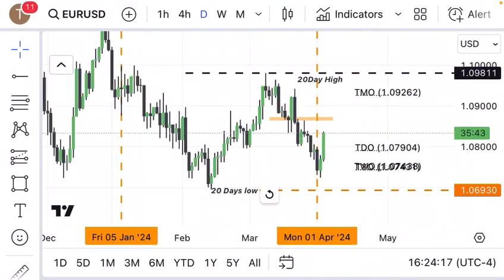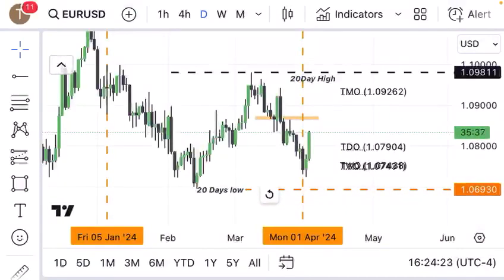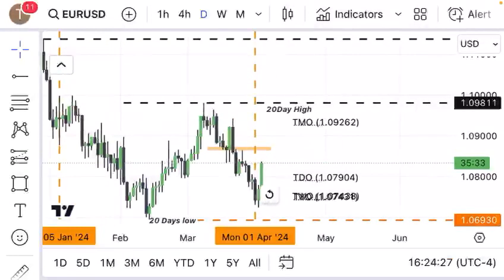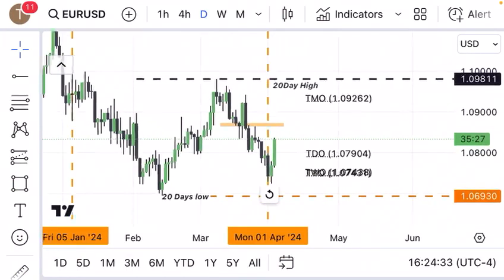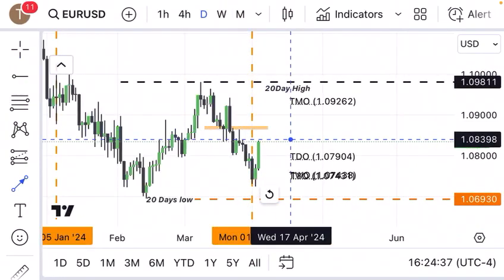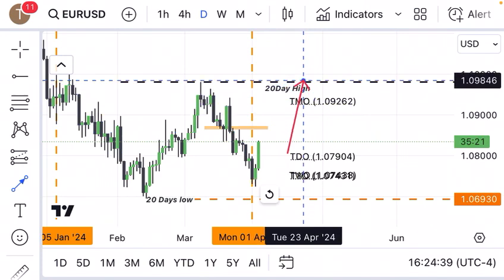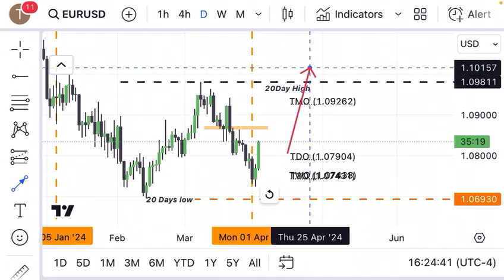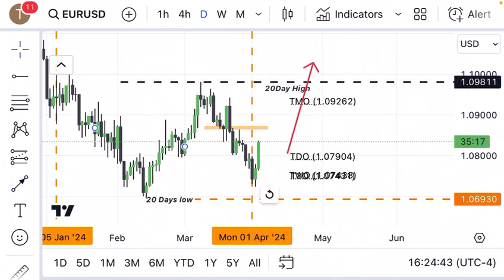The 1st of April marks the stage of the manipulation phase, which is quarter two, right? So I'm anticipating quarter two to be a bullish movement higher above the 20-day high, and then a movement lower. I don't know if you get me. So the market will likely move above this buy side liquidity, especially if we start forming imbalances moving higher.